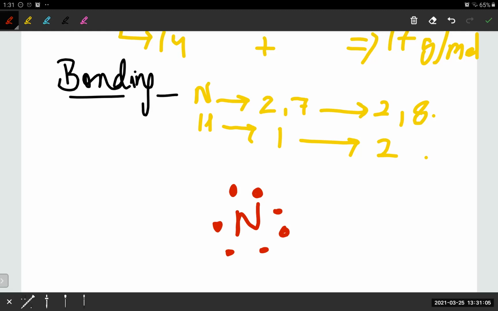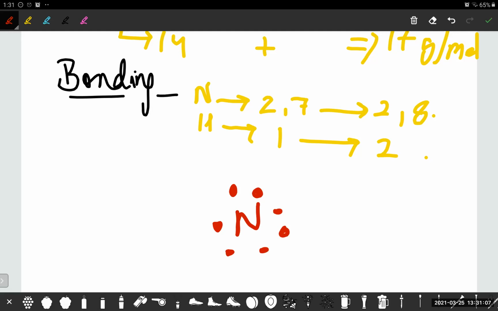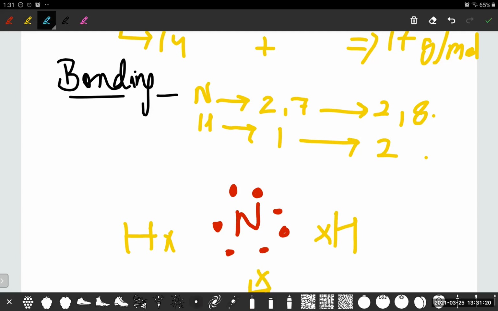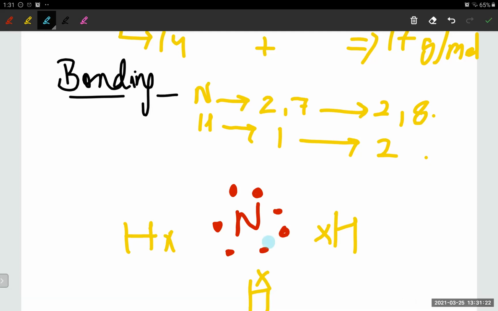Next, we have 3 atoms of hydrogen. So 1 hydrogen here with 1 electron, 1 here with 1 electron, and 1 here with another 1 electron. How will it bind? We all know that they will share, isn't it? So this will share with this one, this will share with this one, and this will share with this, right?